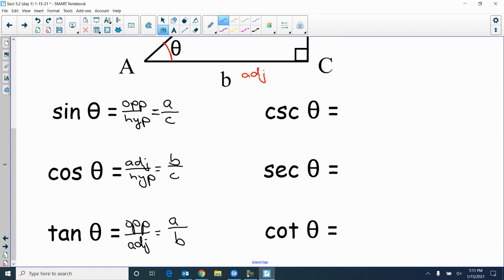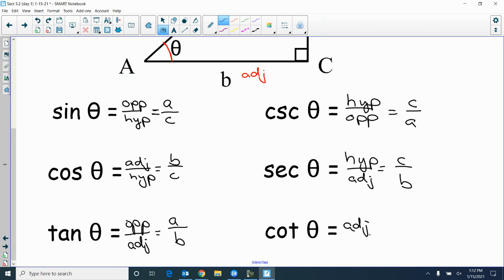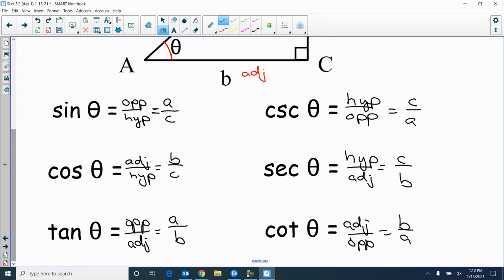Not as familiar with that. That's the reciprocal of sine, so you just flip it. It's hypotenuse over opposite, which is C over A. The same thing with secant is the flip of cosine. It's hypotenuse over adjacent, which is C over B. And cotangent is adjacent over opposite, B over A. So just going through the ratios there.